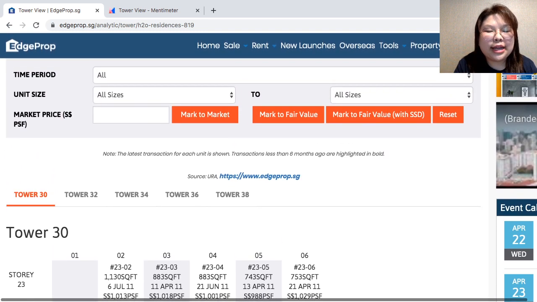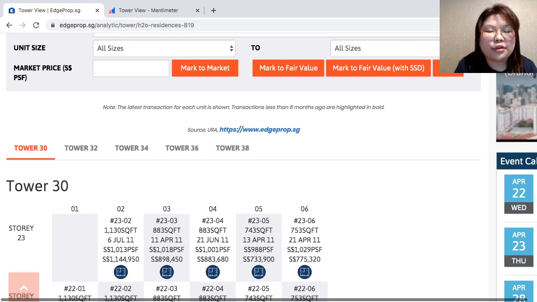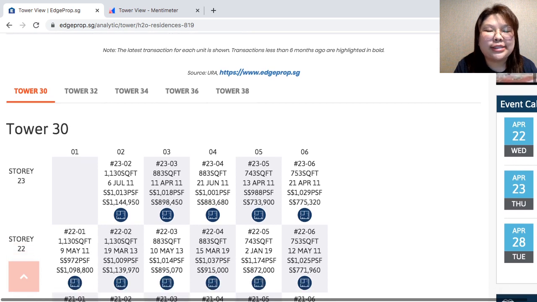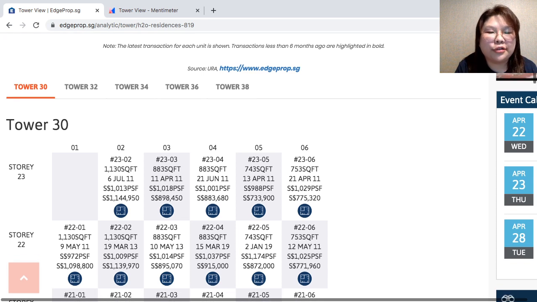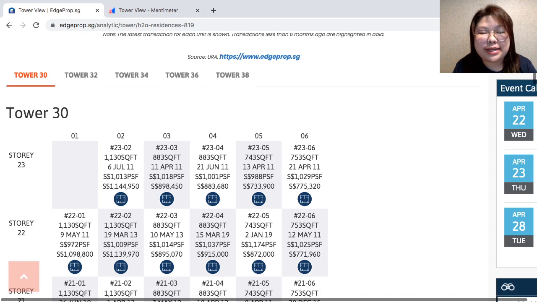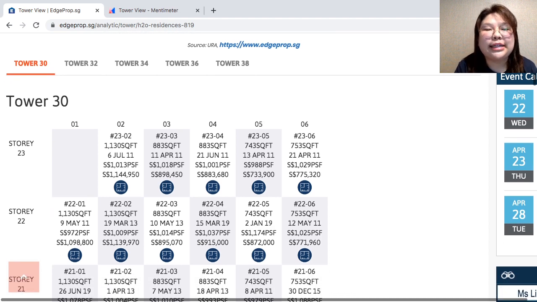Okay, so for HDB, you would not see transactions before 2005. Also, from 2010 onwards, we will have about 70% of the unit numbers, because some of you would understand that for HDB, the transactions on the HDB website do not come with unit number.